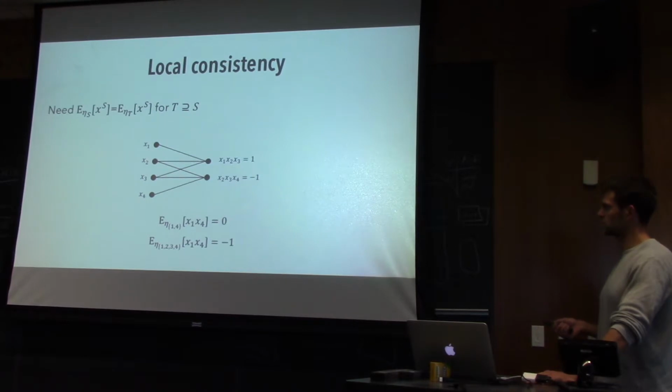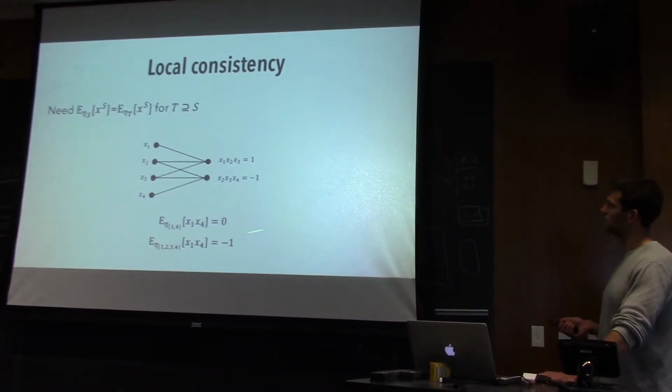You can choose things uniformly at random, and you get expectation 0, over plus or minus 1. If, however, you look at the whole set of 4 variables and look at that planted distribution, you see that the expected value of x1 times x4 is -1, because to satisfy both of these constraints, x1 times x4 equals -1. So this does not satisfy this consistency condition.